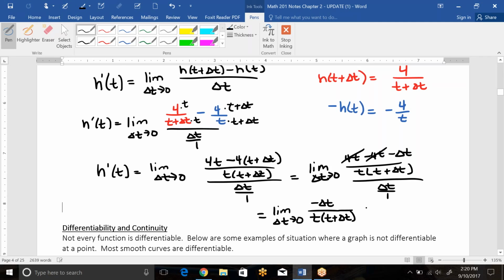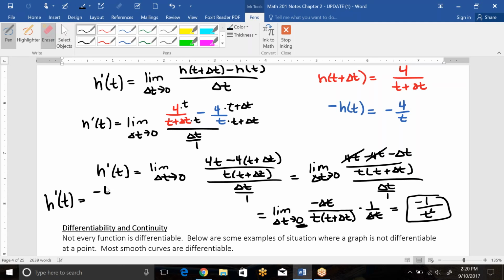And I'm going to go ahead and flip this to multiplying by the reciprocal. So times 1 over delta t. And that's going to cancel. And then notice this is going to be a negative 1 over t times t, because remember delta t is going to go to 0 when we plug that in. So you actually just get t squared. So the derivative, h prime of t, is negative 1 over t squared.